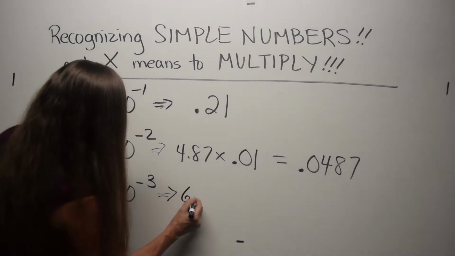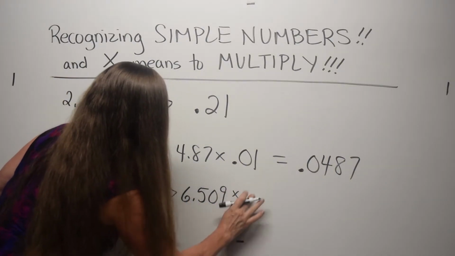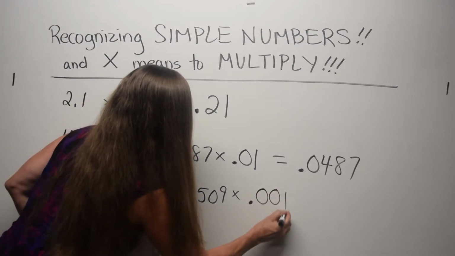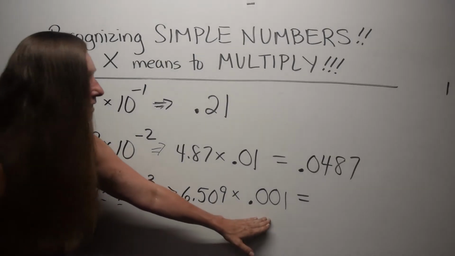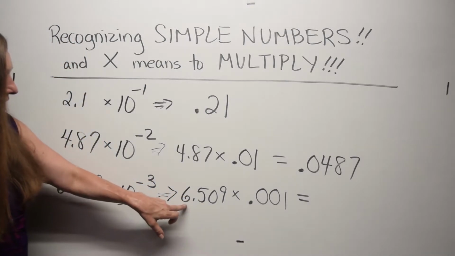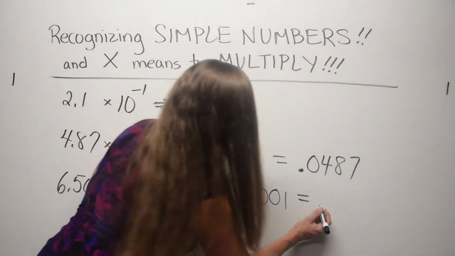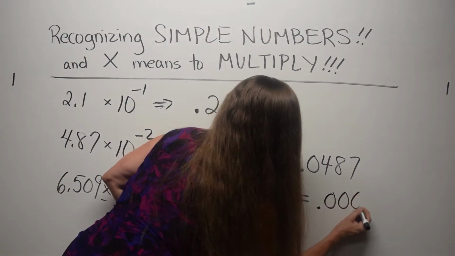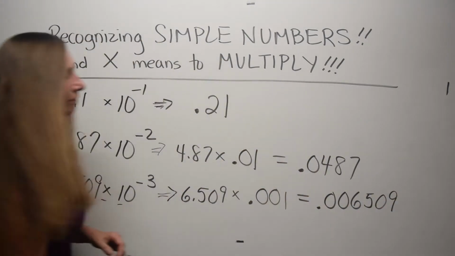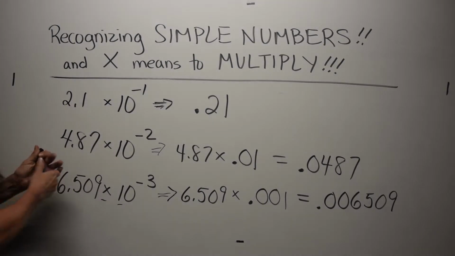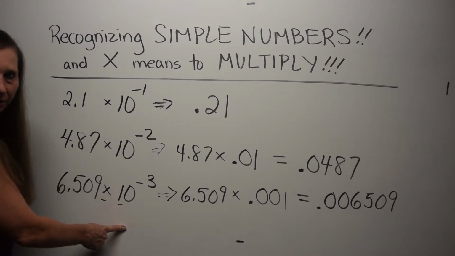This is 6.509 times 0.001. Literally multiply this by that, and the biggest number is going to fall in the thousandths place. So that's going to be 0.006509. All right, again, tenths, hundredths, thousandths.